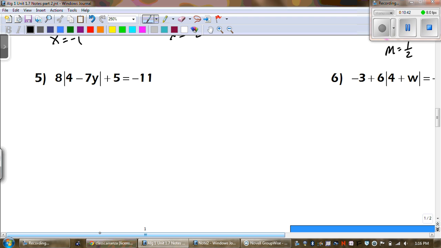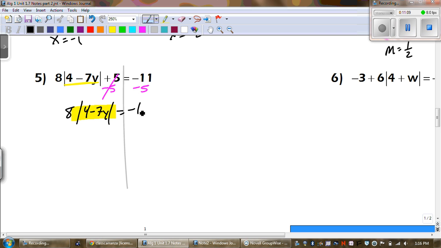Number 5. There's my absolute value. Let's go ahead and get this bad boy by itself. Following SADMAP, I have to get rid of the addition first. Everything inside the absolute value stays the exact same, and we still have that 8 out front.